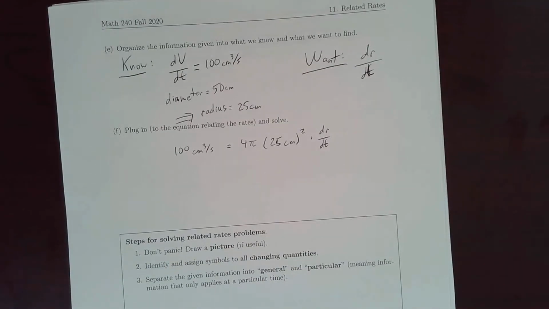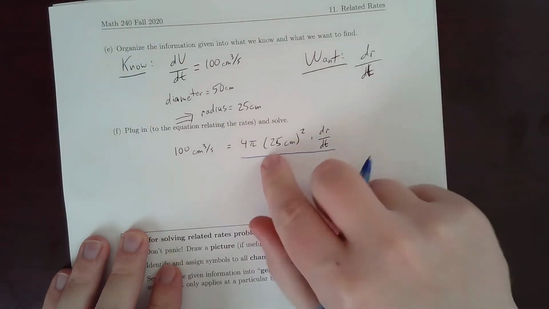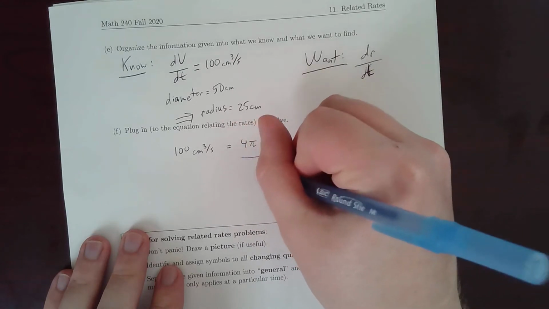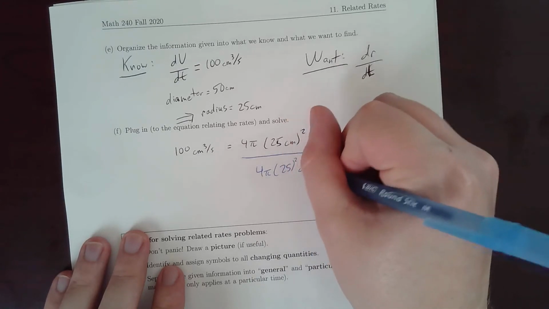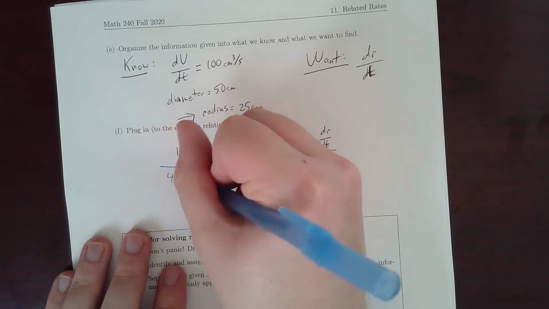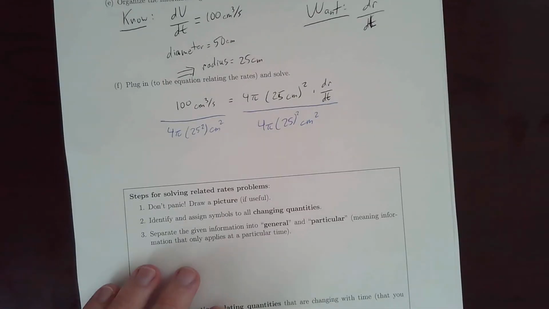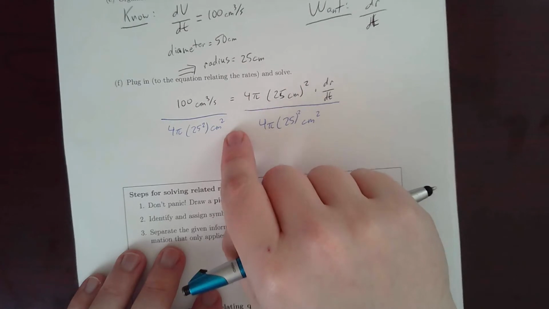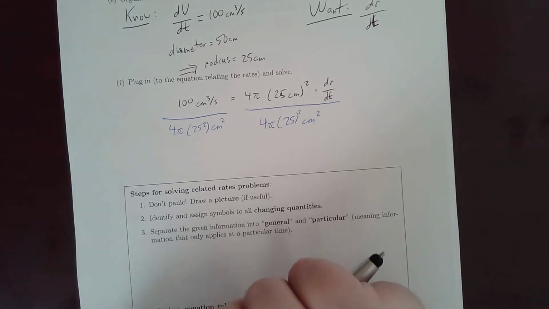And so now, if we wanted to try to solve, we'll divide both sides by this 4 pi times 25 squared centimeters squared. And as we look at what our units end up being, the centimeters squared will cancel out with some of these centimeters cubed, and we'll end up with centimeters in the numerator and seconds in the denominator.